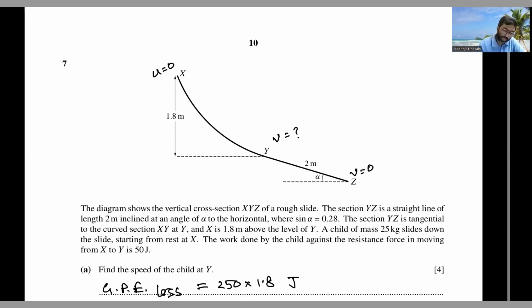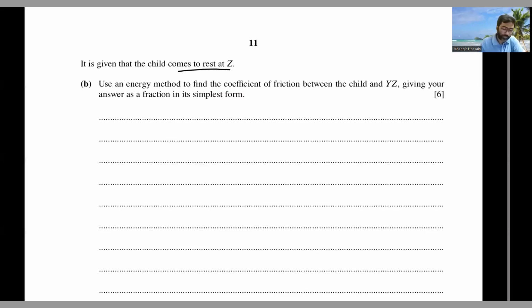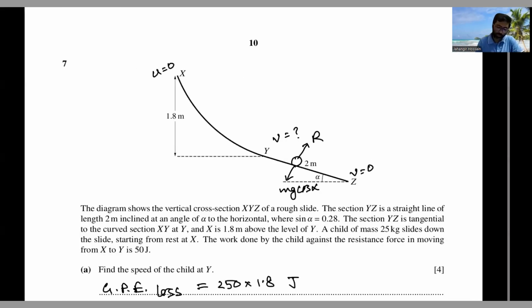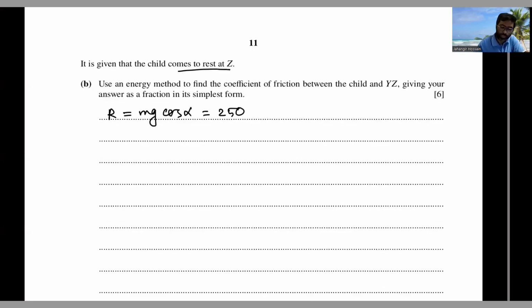How much is the friction here? At any point, R equals mg cos alpha, and friction equals mu R. So first calculate R. R equals mg cos alpha, that's 250 cos alpha. How much is cos alpha? Sin alpha is 0.28.